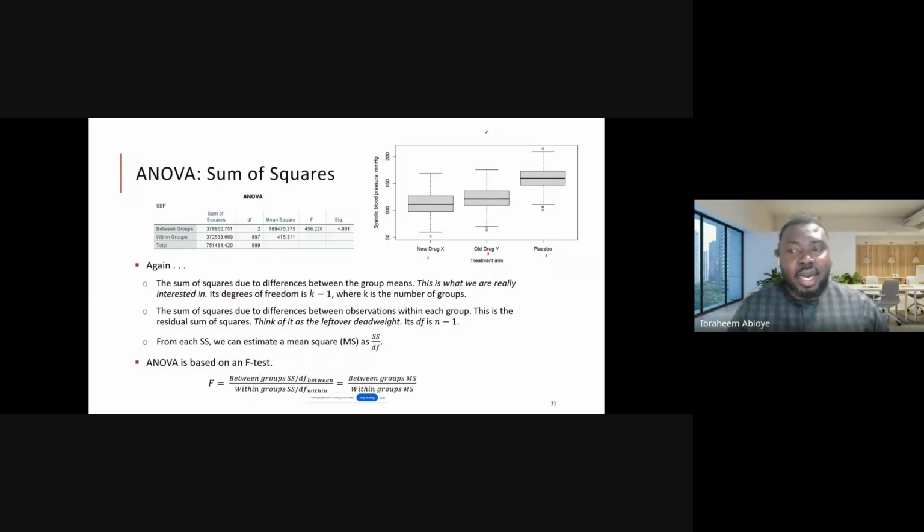You might want to compare a new drug to an old drug that we already know how it works, and maybe it's the standard of care, but you're also curious in understanding the placebo effect.